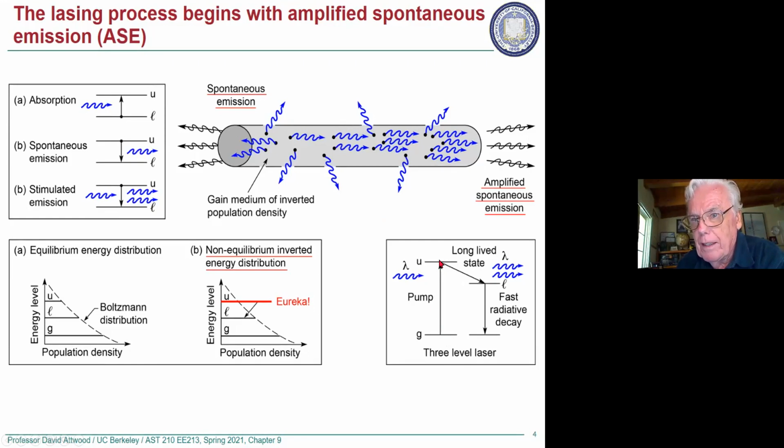So now we're at the upper level, and now you need some spontaneous emission from some other atom nearby to stimulate the atom to go from the upper level to the lower level by this stimulated emission and throw off another photon. So that's the lasing process.